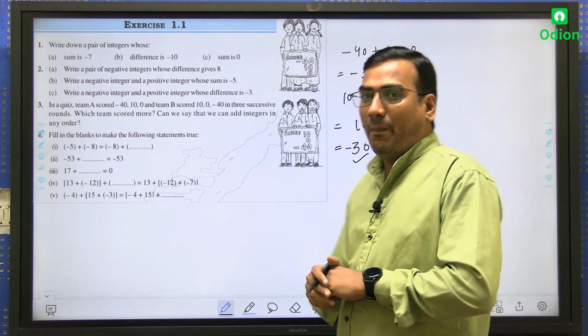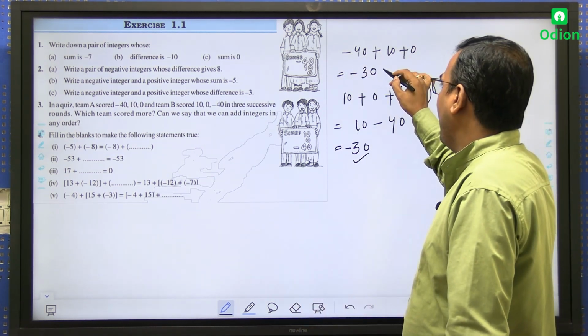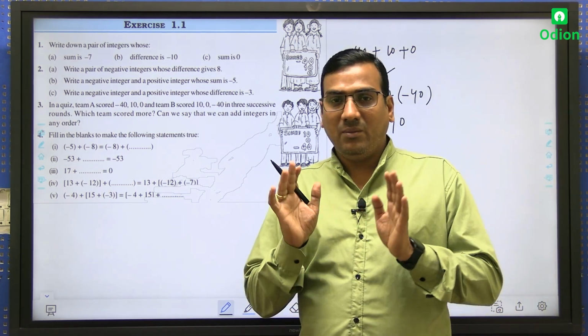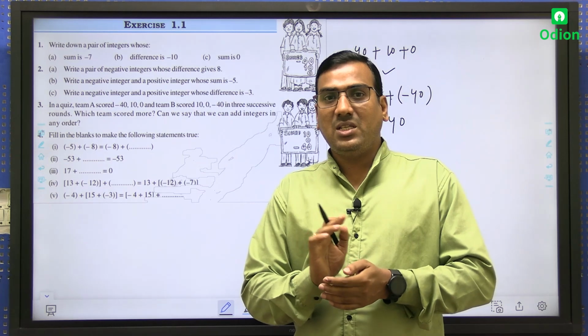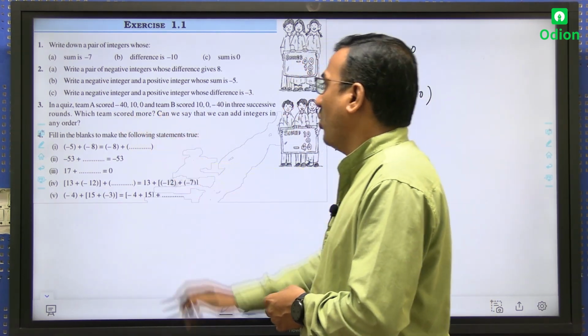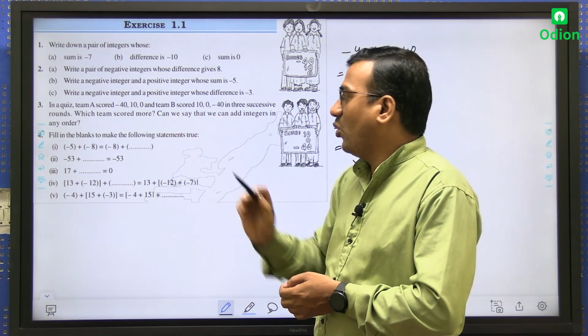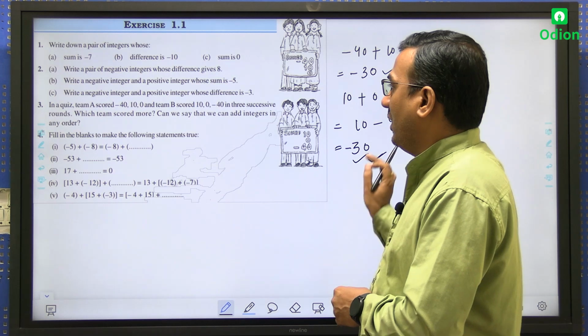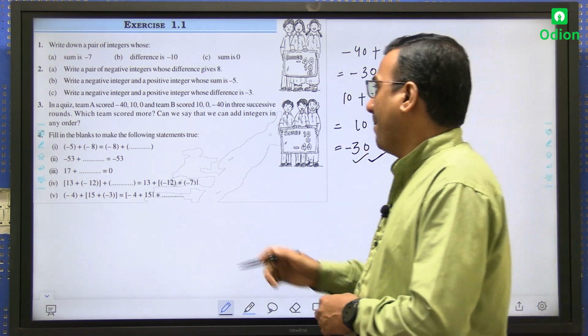And then you have to compare these two results. One is minus 30 and the second is minus 30. Both teams scored similar numbers. Then which team scored more? Both teams scored an equal number, so the answer is no team scored more.